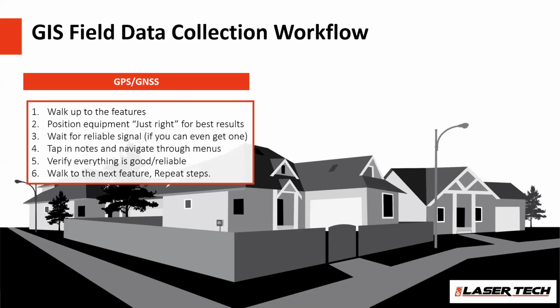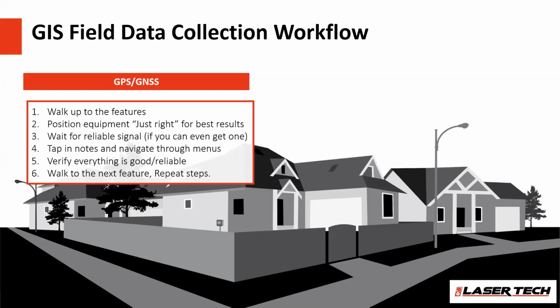So to carry on and talk a little bit about the workflows now. What we have listed here is a typical GPS, GNSS alone type workflow. And right there, number one, walk up to the features. You have to occupy the features with that GPS antenna to get a coordinate for it, right? So there's your first challenge right there, if your target's behind a fence, on private property, something like that.